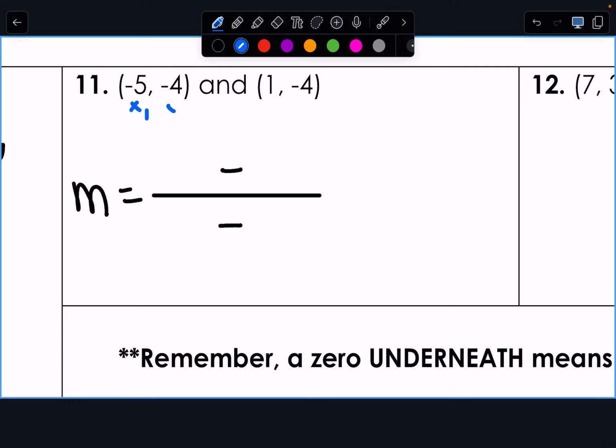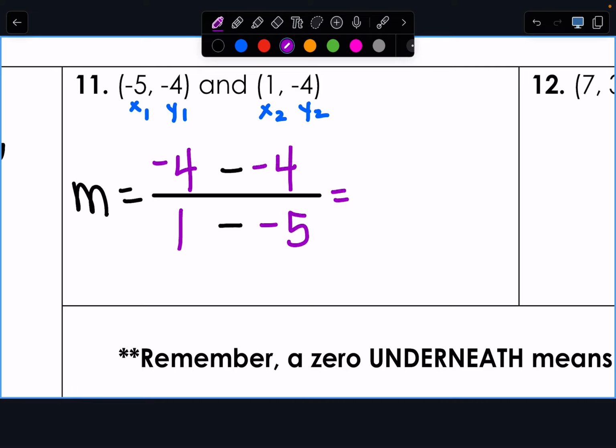So if I say, okay, here's my first xy and here's my second xy, then when we use the slope formula, we would have negative 4 minus negative 4 for our y2 minus y1. What would be our denominator? What do I put here? 1 minus negative 5. Okay?